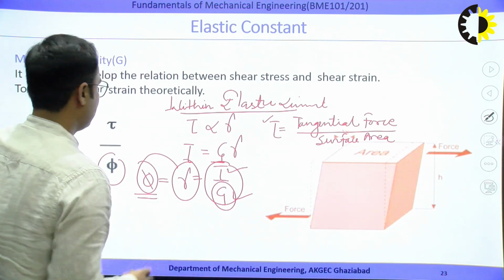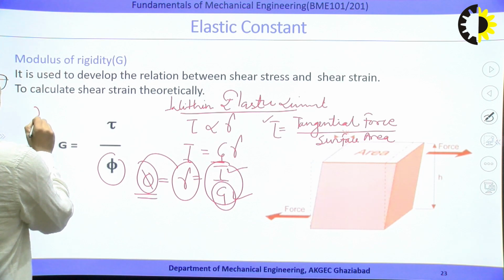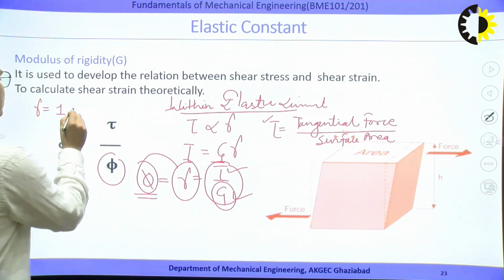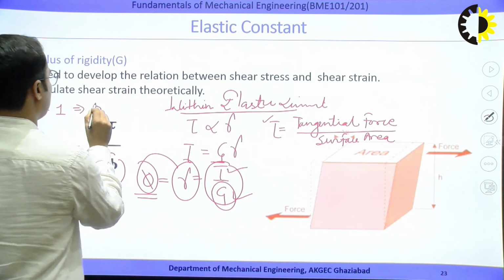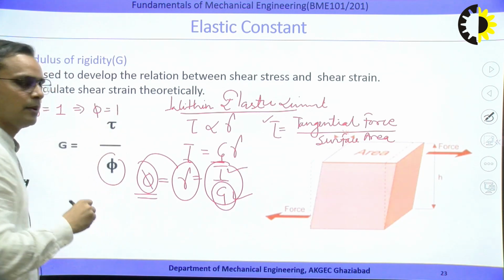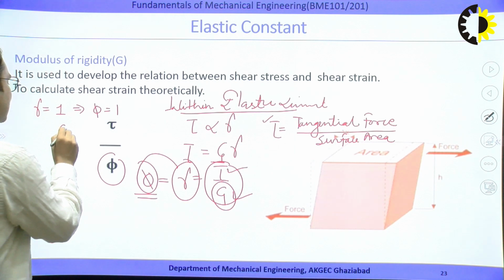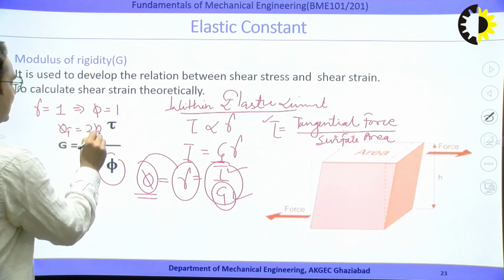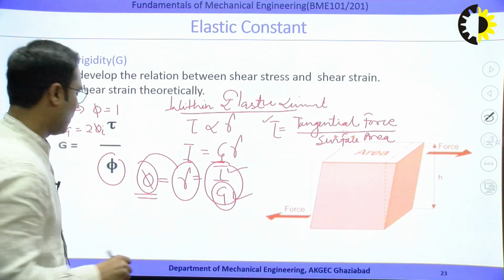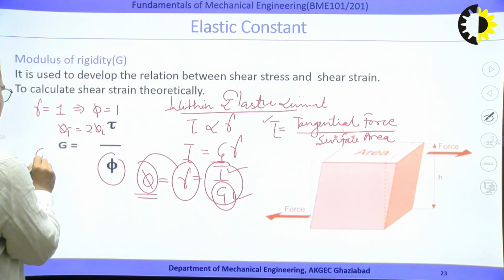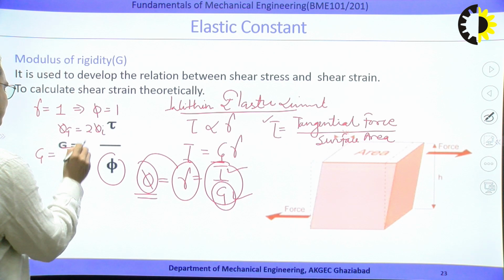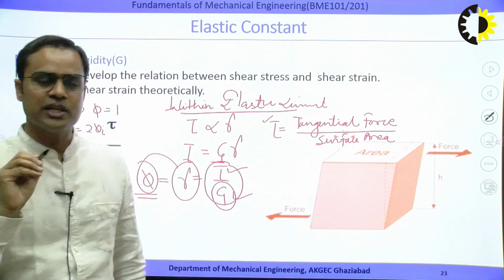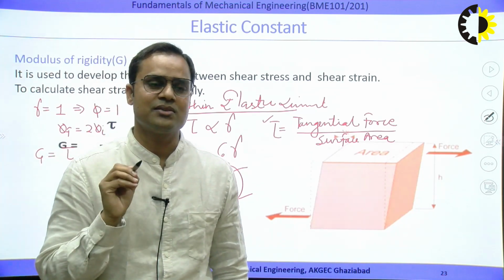Again, if I am saying unitary shear strain, what is the meaning of unitary shear strain? Gamma is equal to 1, means the final angle is just double the initial angle, or we can say G is equal to tau for the unitary shear strain.